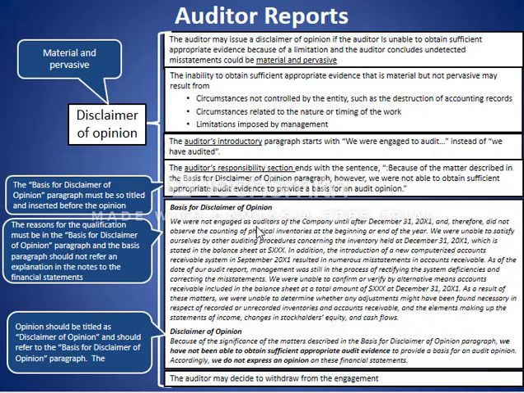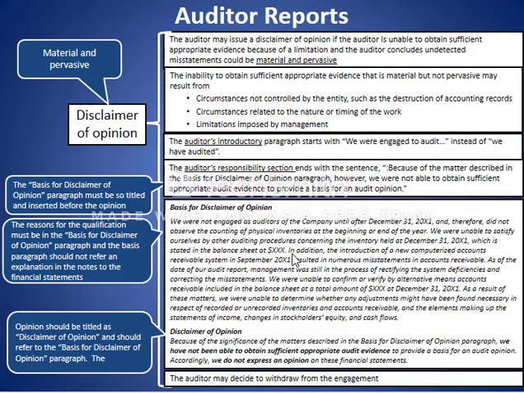We were not engaged as auditors of the company until after December 31st, and therefore we did not observe the counting of physical inventories at the beginning of the year. We were unable to satisfy ourselves by other auditing procedures concerning the inventory at December 31st, which is stated in the balance sheet at such an amount of money.